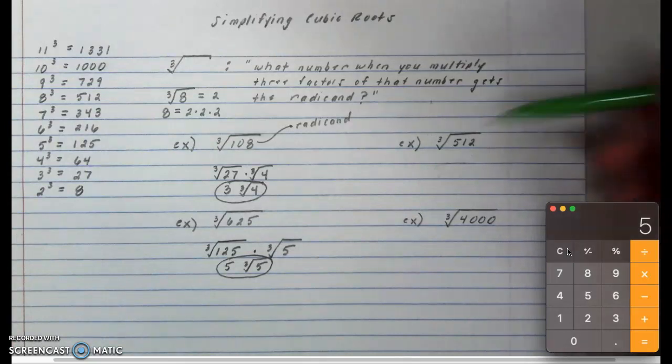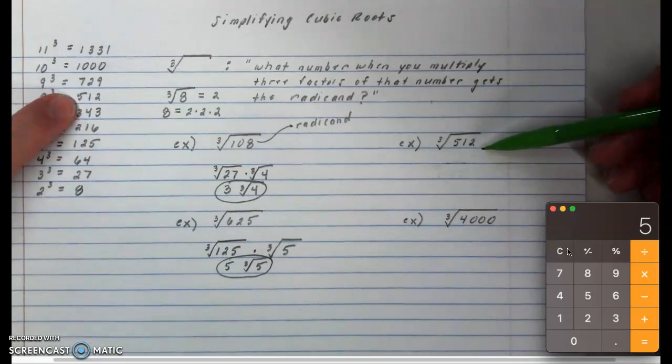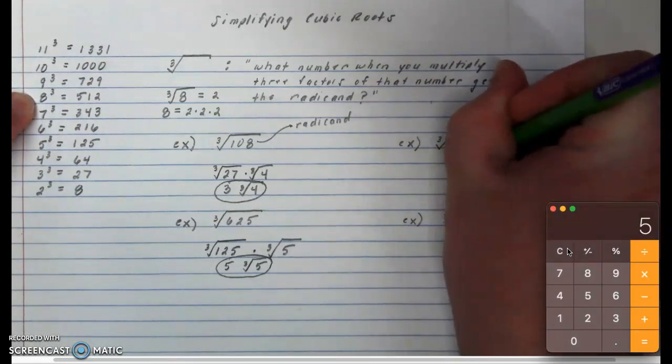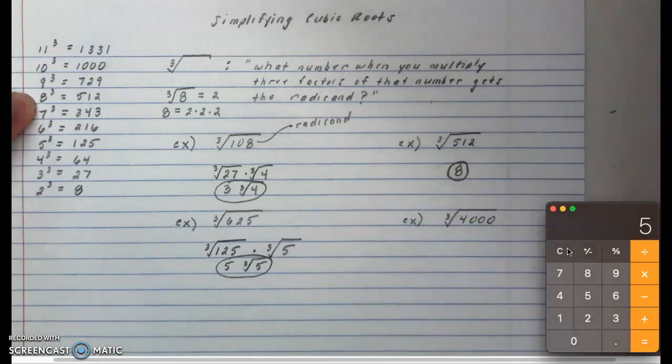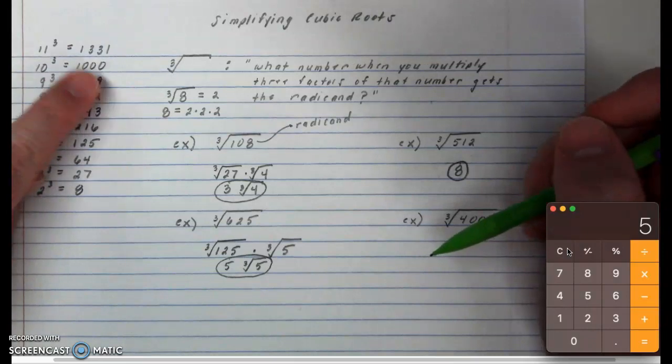There will be times when the radicand is a perfect cube, just like we had perfect squares. So 512 is a perfect cube, so the cubic root of 512 is 8. So we just write 8, no need to write the root anymore because we evaluated the root. And lastly, we have cubic root of 4,000. Well, if you look at our list here, 1,000 will definitely go into that.